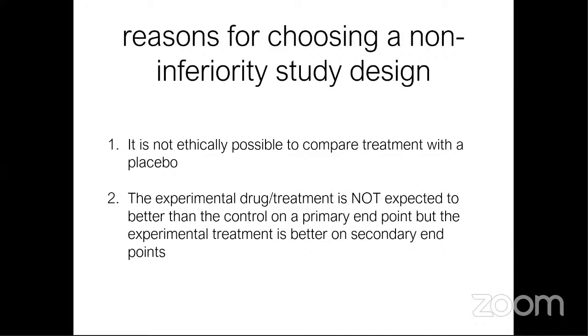So the experimental drug treatment is not expected to be better than the control on a primary endpoint, but the experimental treatment is better on secondary endpoint. So both have metformin, but you would compare your other drugs and therefore which regimen would be better. Okay.